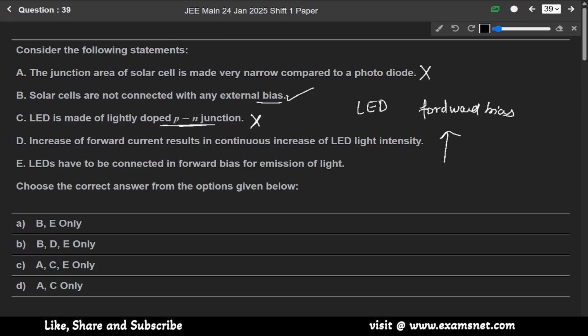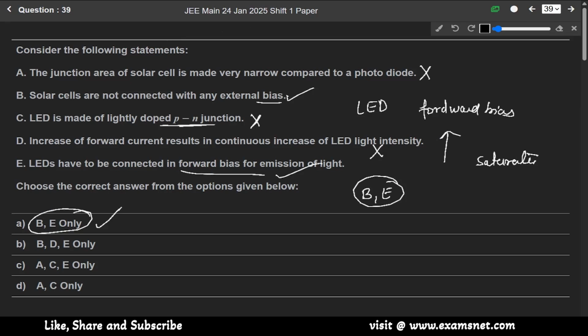And option D, increase of forward current results in continuous increase of light intensity. This is also wrong because the intensity saturates at last. And option E is LEDs have to be connected in forward bias. This is correct. So only option B and E are correct, means answer A is the correct answer.